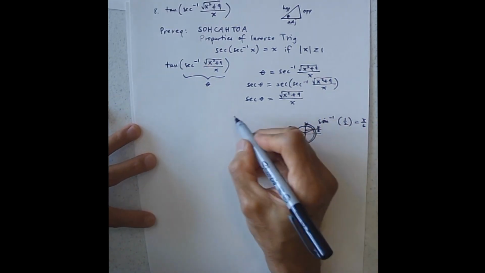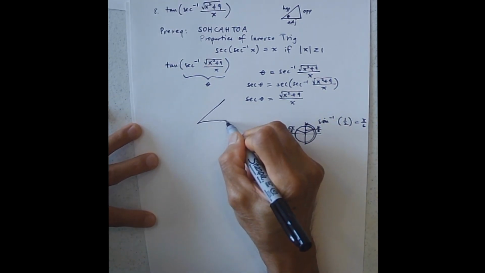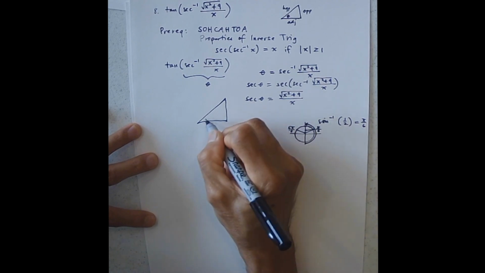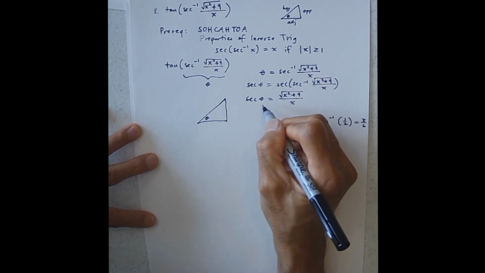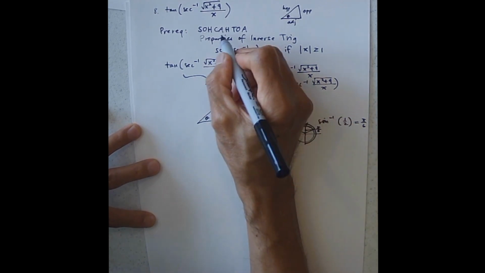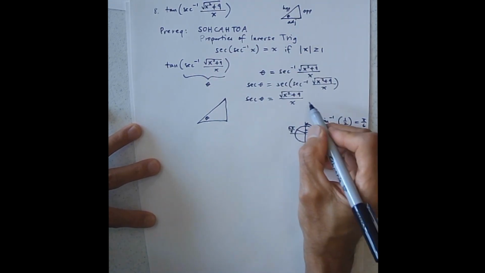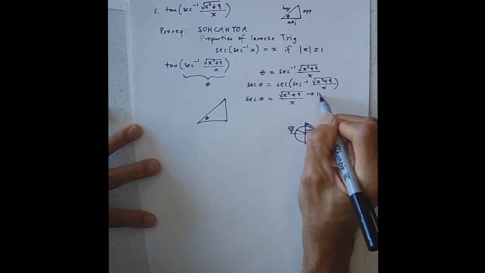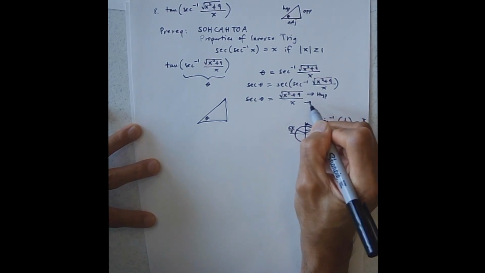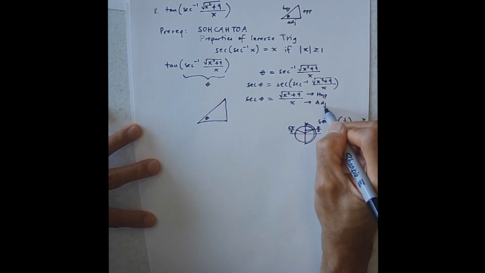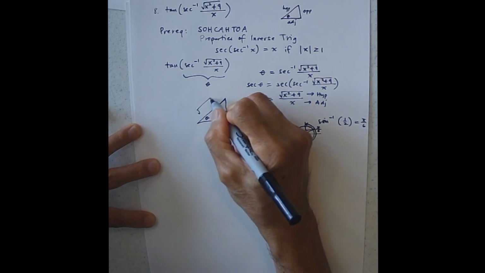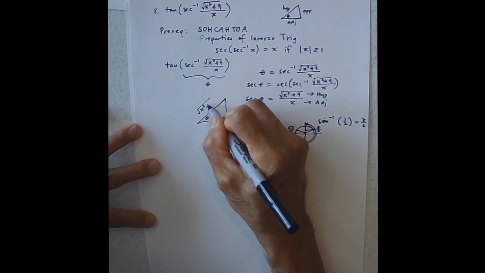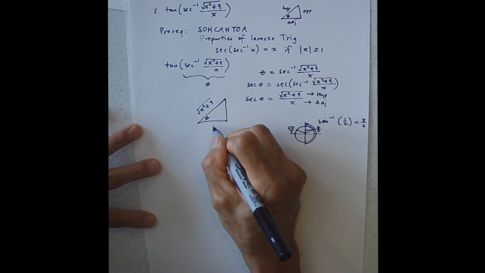And that represents this triangle here. If this is our theta, secant is the reciprocal of cosine, and cosine is adjacent over hypotenuse. So this is going to be the hypotenuse, and this is going to be the adjacent side. So I will put that here, square root of x squared plus 9 over x.